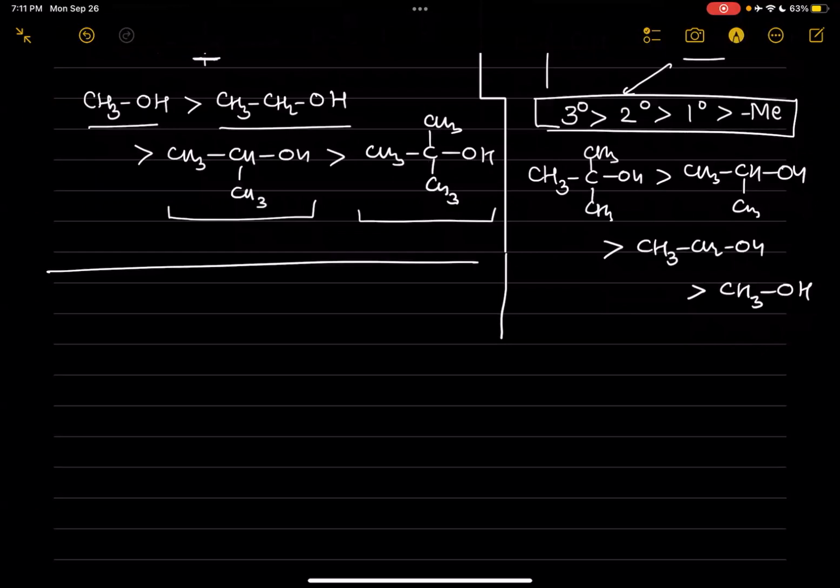Okay. So alcohols are slightly acidic in nature. They have active hydrogen. And what will happen if you put some electropositive metal like sodium in alcohol? Ryan, can you tell me?